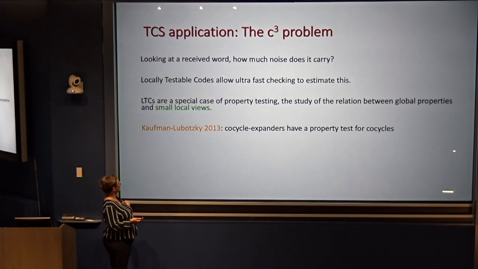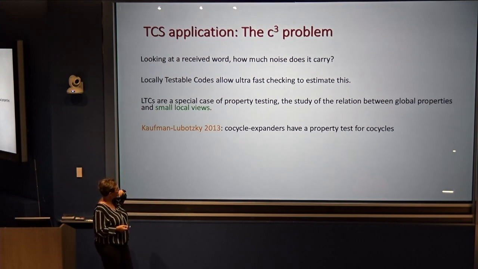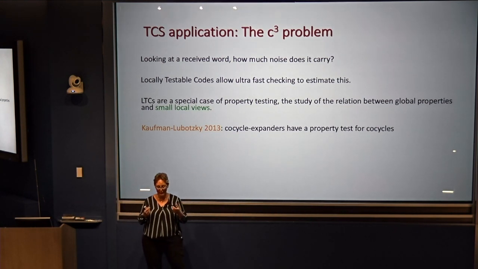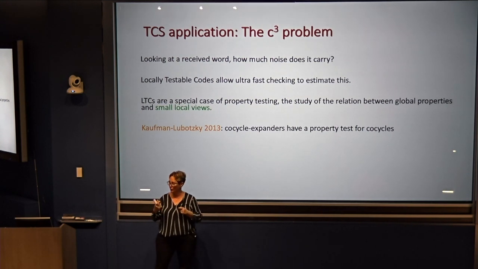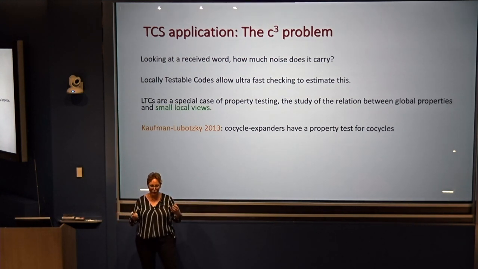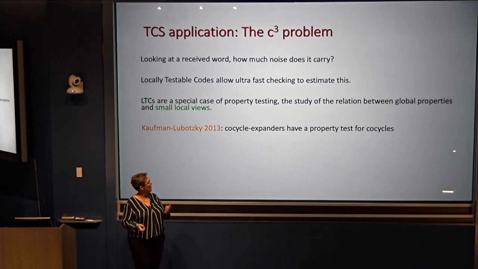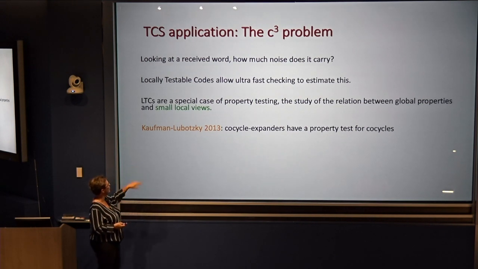So in fact, I think the first connection between high-dimensional expansion and computer science is this work by Kaufman and Lubotsky, who showed that cocycle expansion, systolic expansion, is syntactically almost the same as some kind of property testing result for cocycles or coboundaries, whatever that means. It just shows that this specific notion of high-dimensional expansion is equivalent to property testing for this specific property. So that's interesting already back then, showing us that there is a relationship between these things.